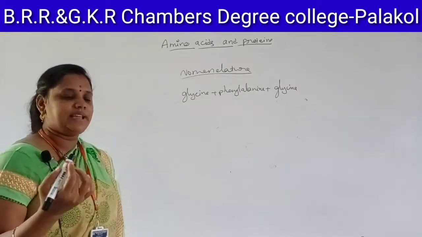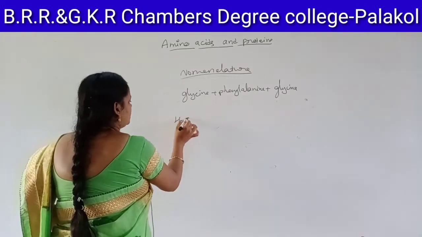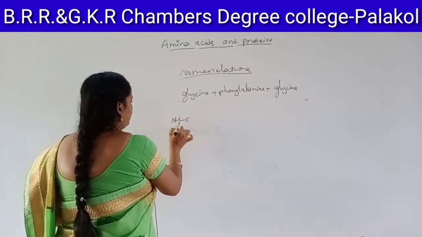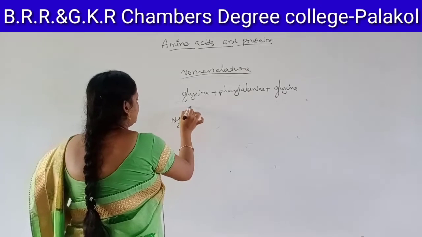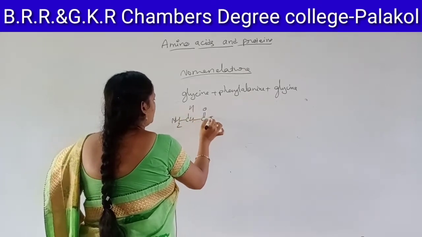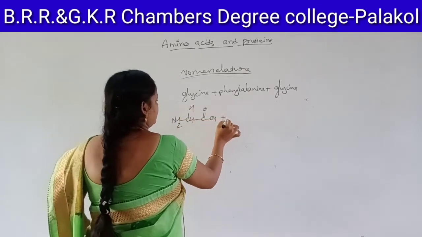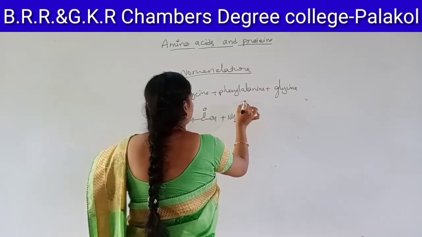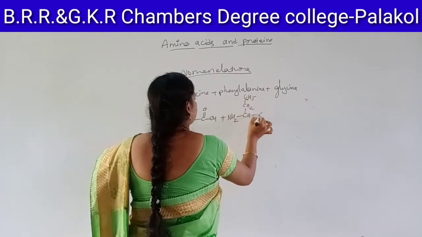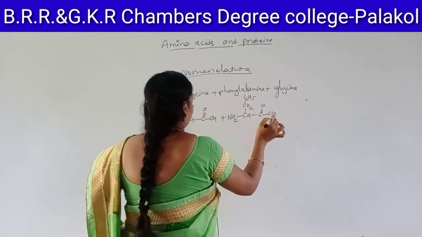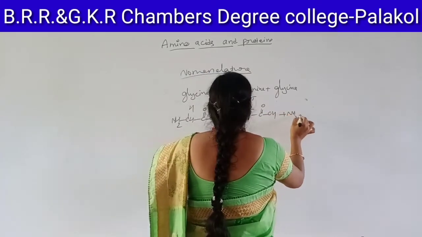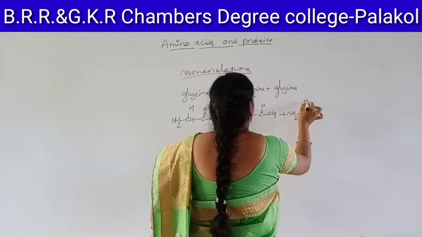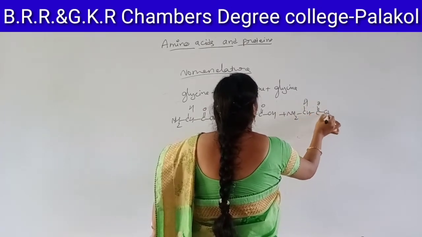What is the structure of glycine, students? Let me write like this: NH2 CH2 C double bond O OH, plus NH2 CH CH2 C6H5 C double bond O OH, plus NH2 CH2 C double bond O OH.